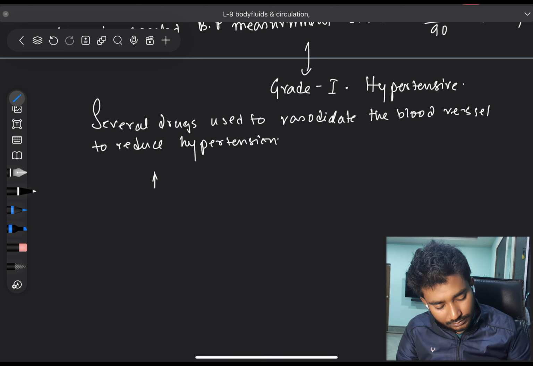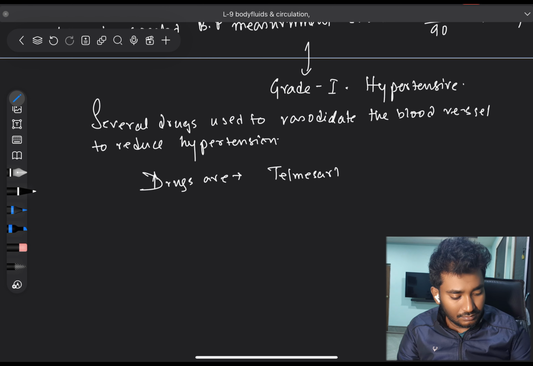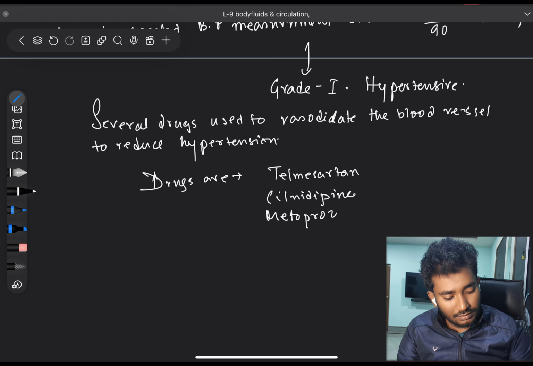Drugs are telmisartan, cilnidipine, metoprolol.